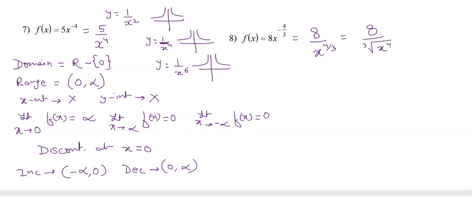Guys, please understand. Let me rewrite it nicely. Now this x to the power 4 over 3 can be written as x to the power 4 whole to the power 1 over 3, right? And that is 8 over the cube root of x to the power 4.